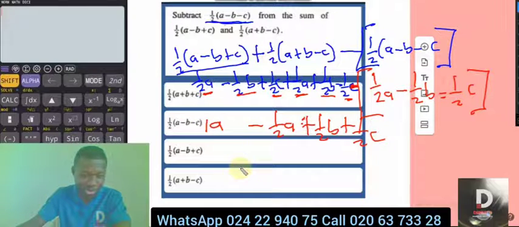Then add the variables to it. Simple. So you get half A plus half B plus half C.